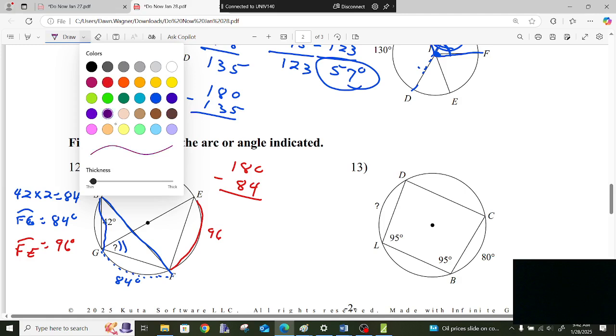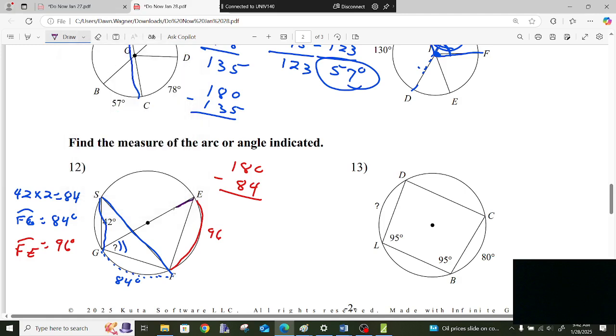Now we have the subtended arc of this angle that I'm looking for, or the angle that it cuts. If I divide this by 2, that's this angle over here. What is 96 divided by 2? So our answer is 48 degrees. Our X, or question mark, is equal to 48 degrees.